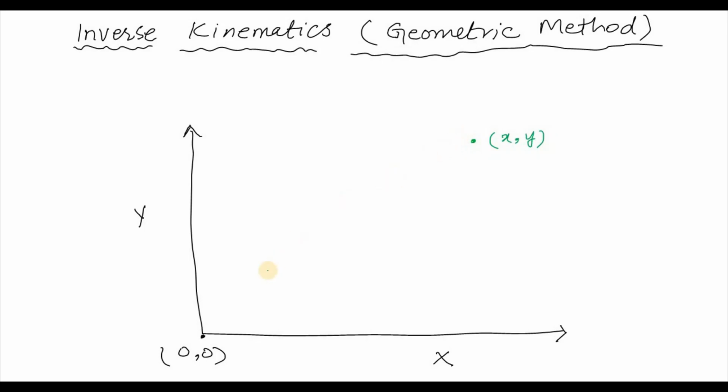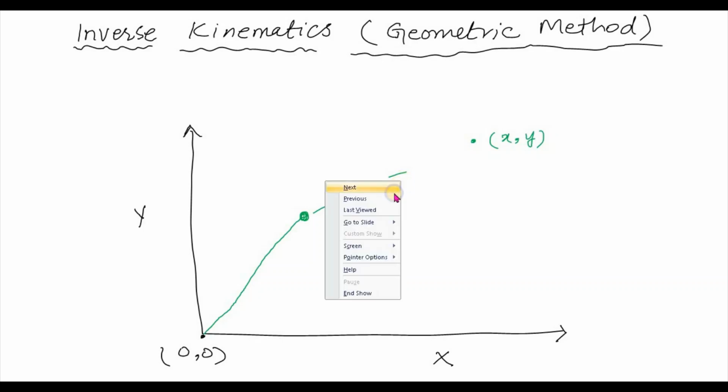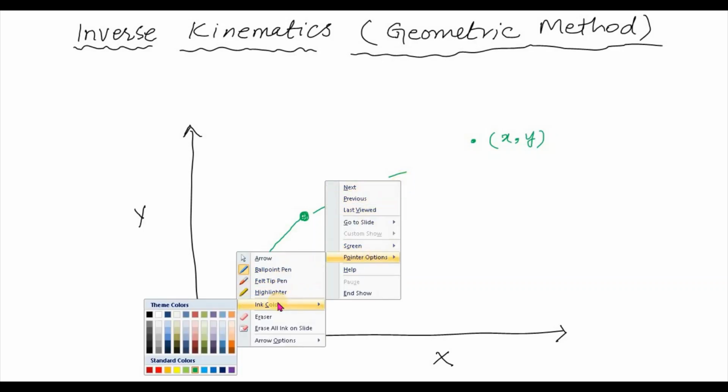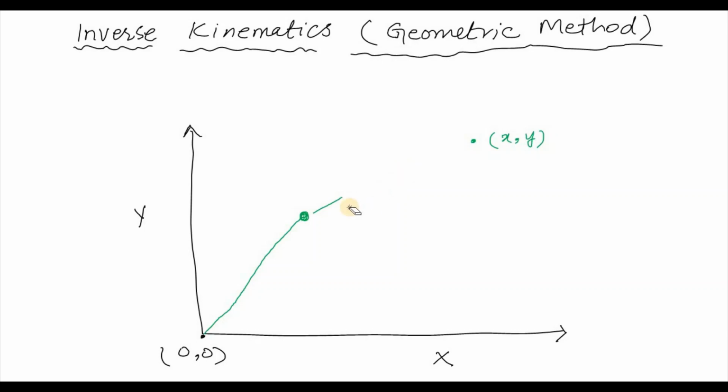So let's say we still don't know the angles, and we assume that the angles have any general value. So this is joint 1, and here we have joint 2.